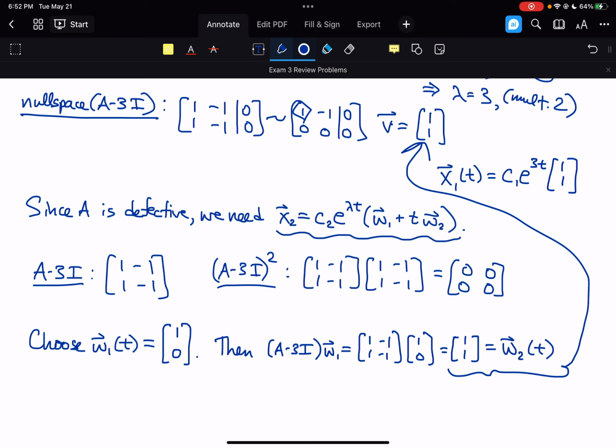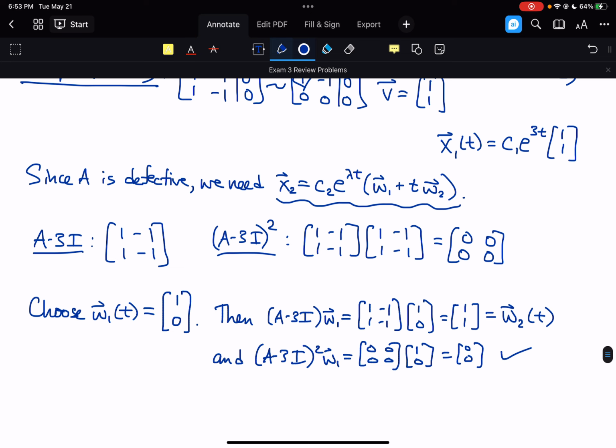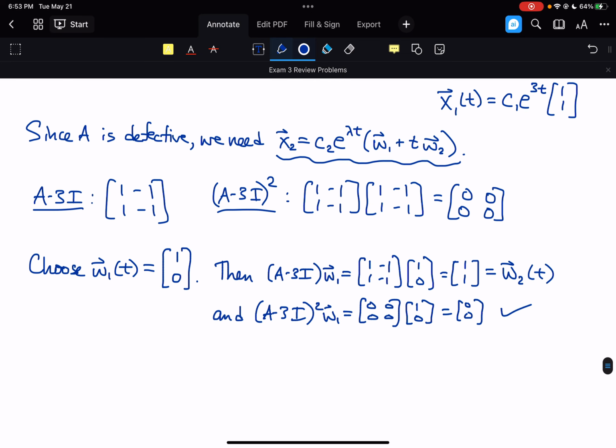It actually is the same eigenvector. It's not even a different multiple of it, but that gives us w2. And A minus 3I squared times w1. Of course, the 0 matrix times anything will be that 0 vector there as required. So it does satisfy that condition. So these are proper choices for w1 and w2.